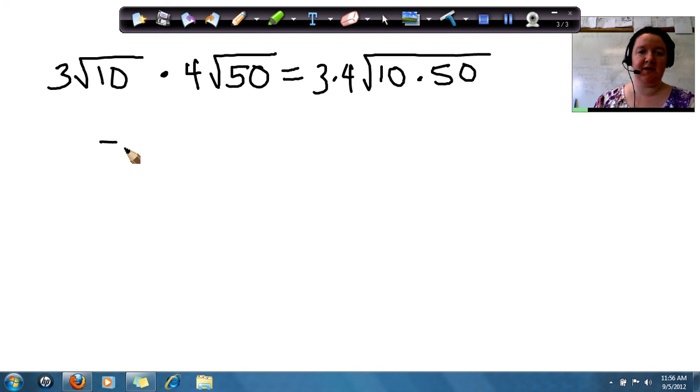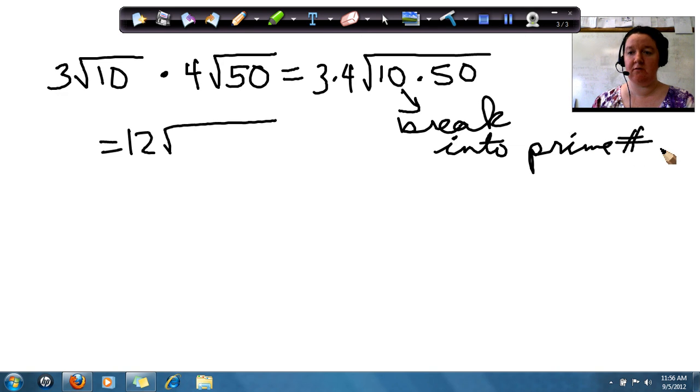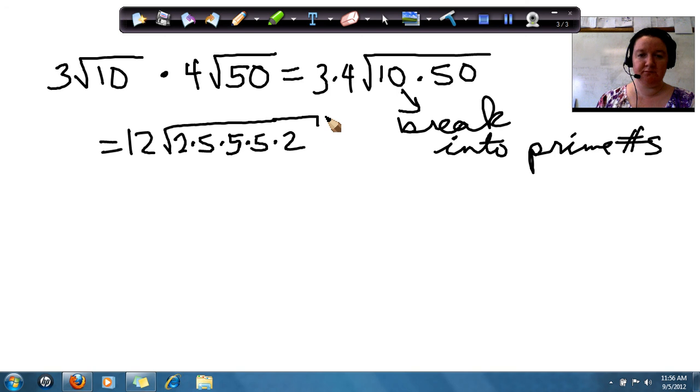So I can simplify that and say 12, but I need to break up what's underneath here into prime numbers. So I'm going to have 2 times 5, and then I have 5 times 5 times 2. So if you look at that, I want to find my pairs.